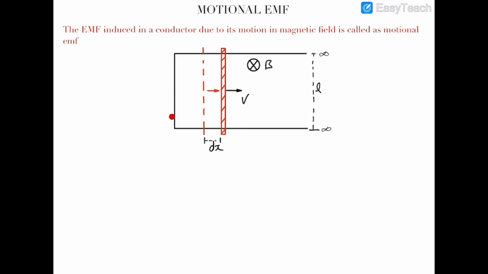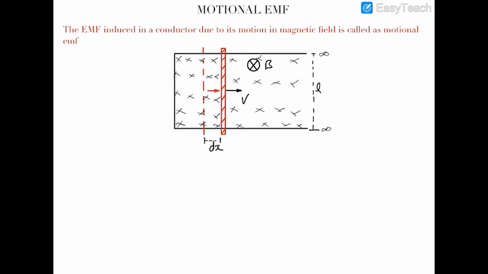So the area of the loop is increasing and therefore the flux of the loop is increasing because the magnetic field is being linked with this loop. In this complete region there is some magnetic field, but the magnetic flux linked with this loop is increasing due to the movement of this rod.